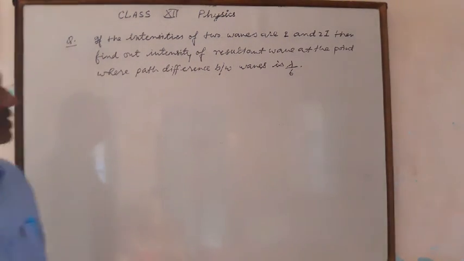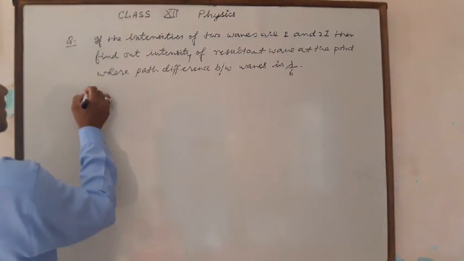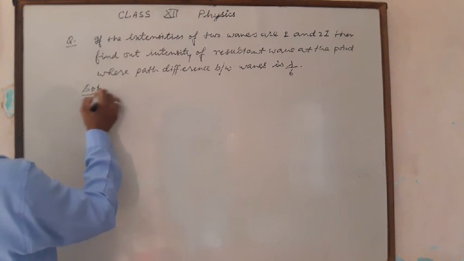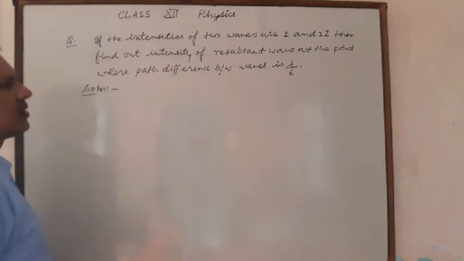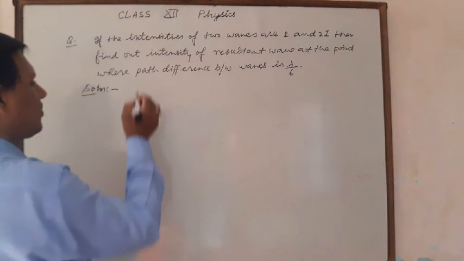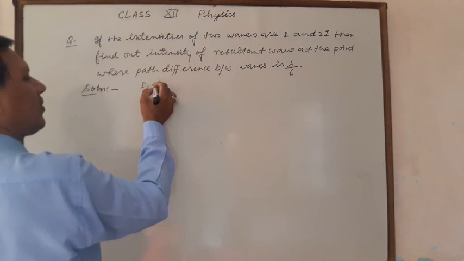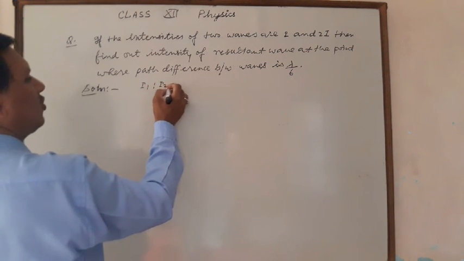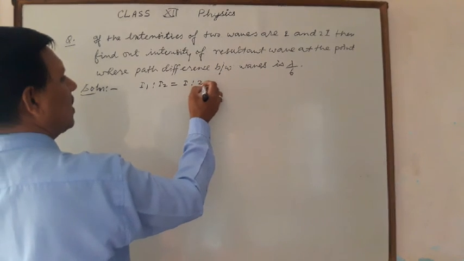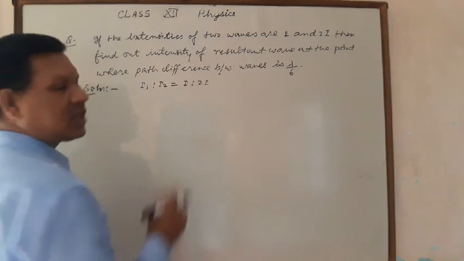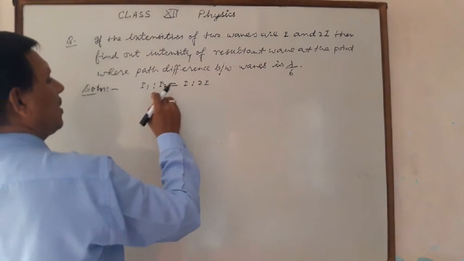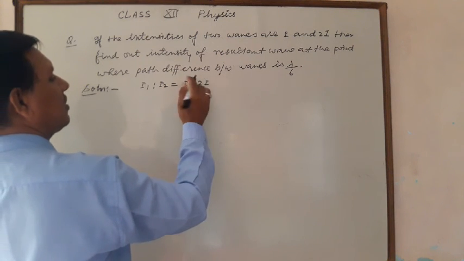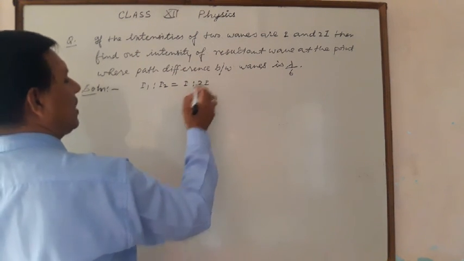In this question we see that the ratio of intensity of two waves, I1 ratio I2, is equal to I ratio 2I.